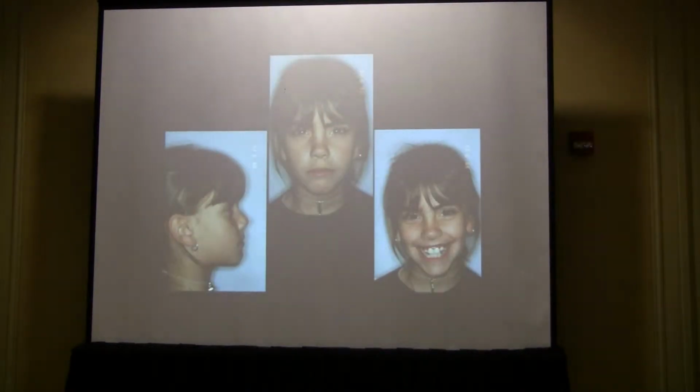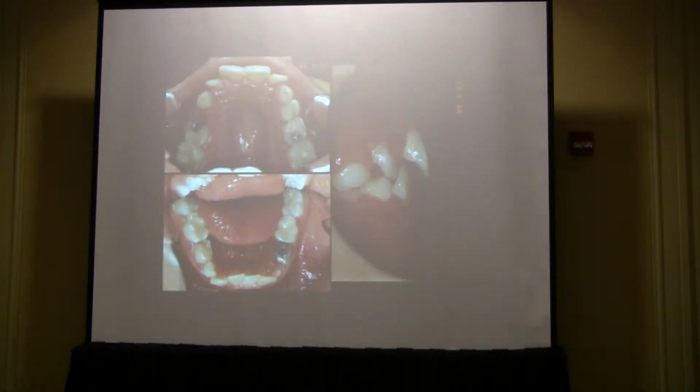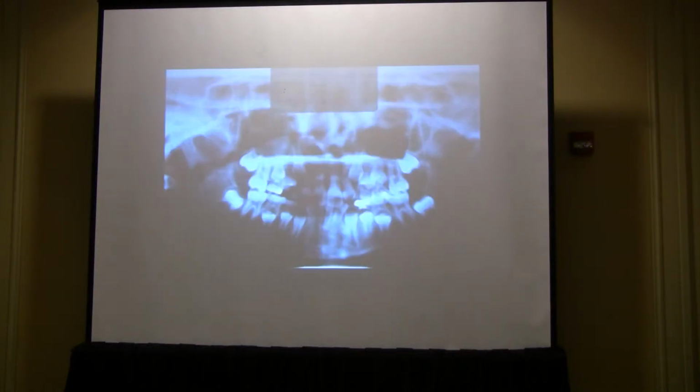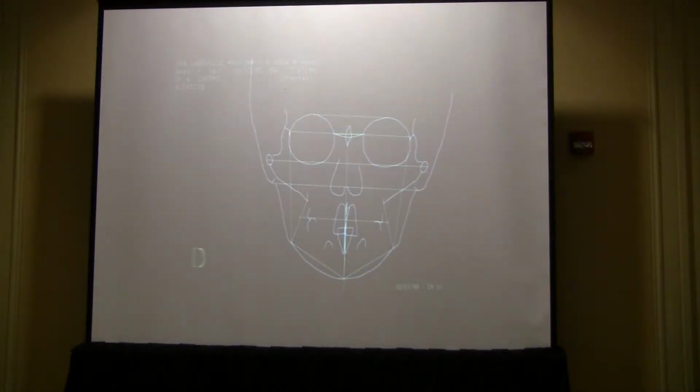Another beautiful 8 years and 9 months female patient with good looks and a smile that shows some kind of occlusal disorders. A class 1 with anterior crowding and remarkable bimaxillary square shape. Head X-ray films, panoramics, and frontal.